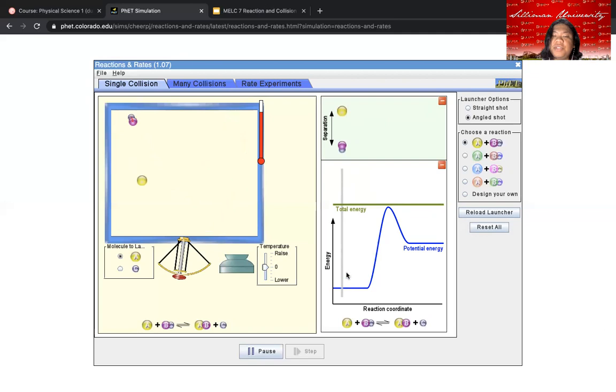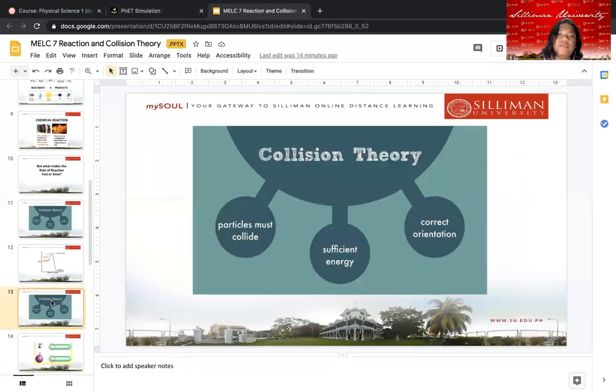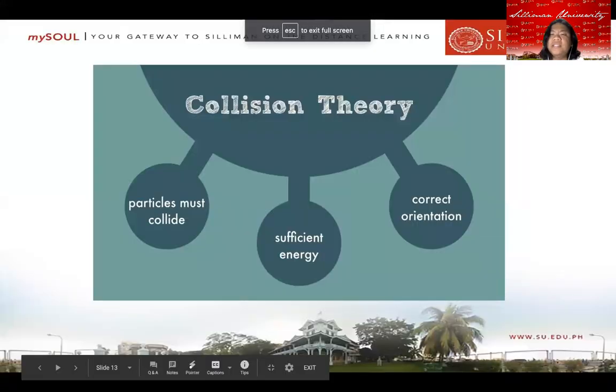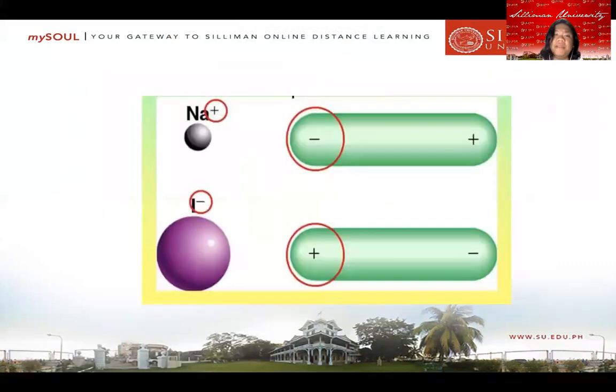So in other words, the angle of collision was not correct. The orientation of collision was not correct. So why is the orientation or angle of collision important for a chemical reaction to happen?